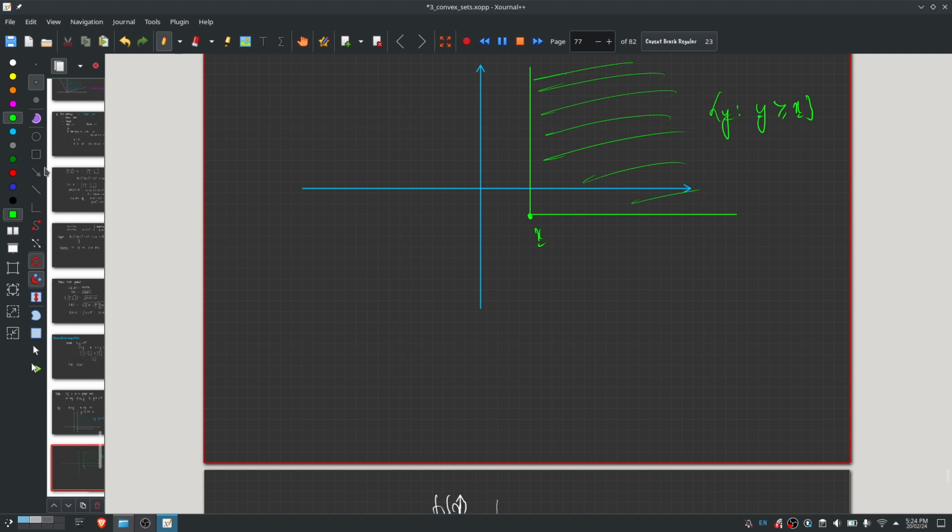Yeah, so it's effectively a shifted version of the third quadrant, or in other words, the flipped version of the first quadrant. So this would be the set of all vectors which are less than or equal to x.